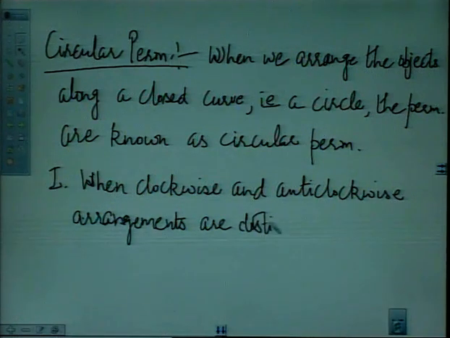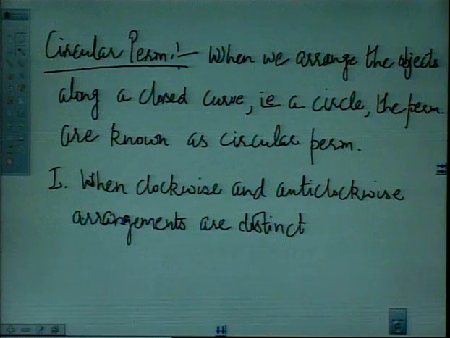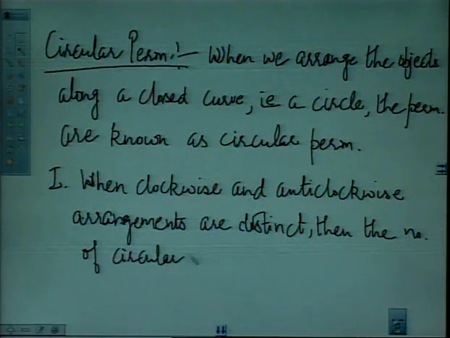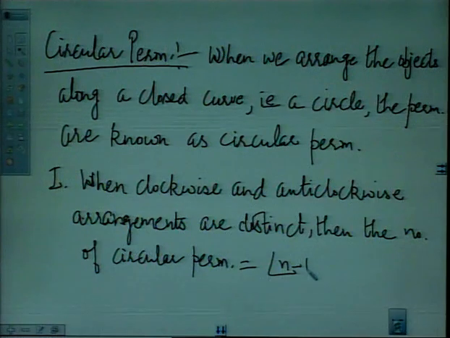What does it mean? It means when we can differentiate whether we are arranging the things in clockwise direction or in anti-clockwise direction, then the number of circular permutations is equal to n minus 1 factorial.